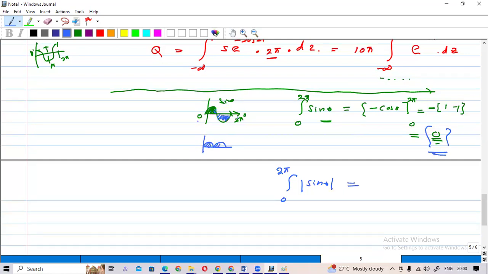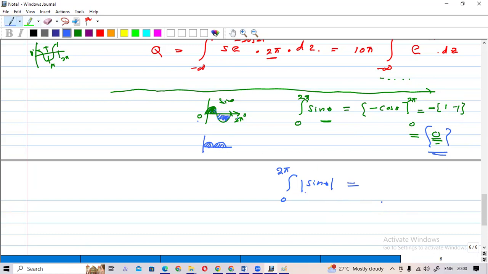This magnitude of sine theta is the full wave rectified signal, as in signals and systems. So that is the magnitude, and you will get this one.